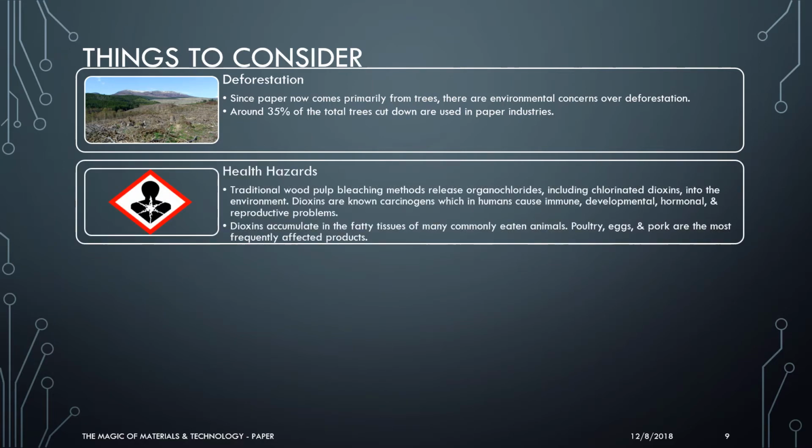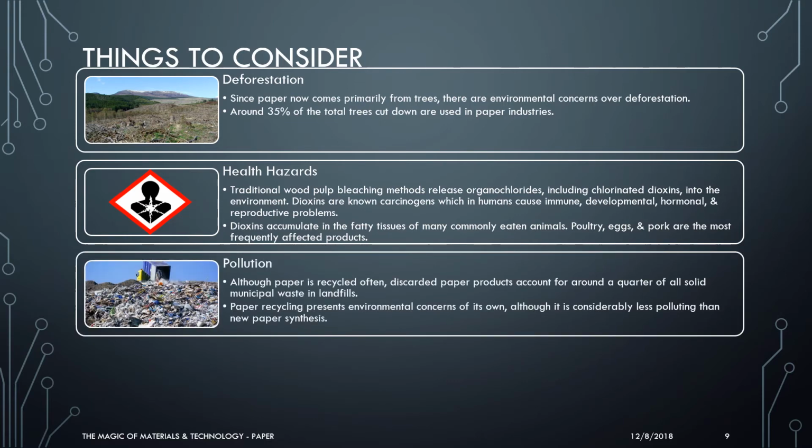In the production of paper, dioxins are released, which can cause immune, developmental, hormonal, all sorts of terrible problems in humans. And it's also a huge source of waste and accounts for about 1/4 of all solid municipal waste in landfills. So huge problem there as well.